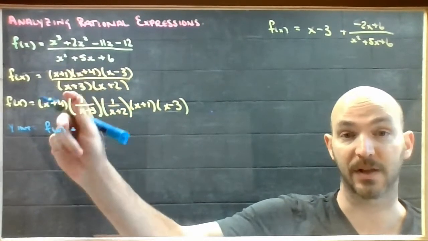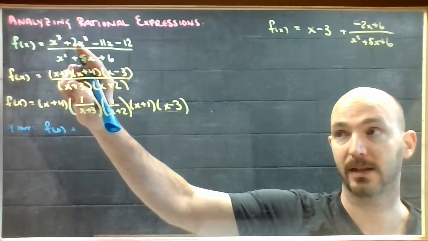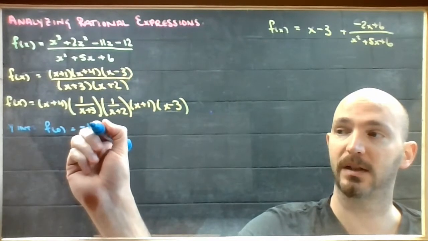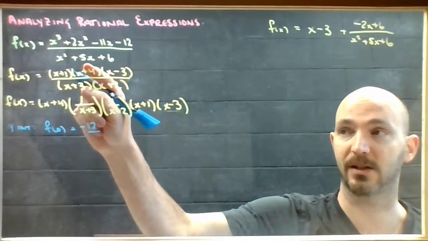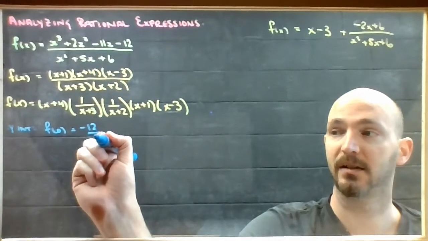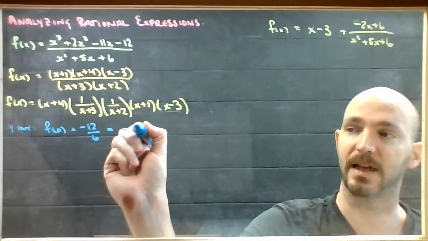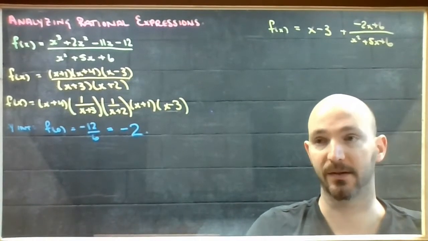And in this particular form, if I put a 0 here, that's gone, that's gone, that's gone, and I'm left with -12 only in the numerator. That's gone and that's gone. It leaves me with 6 in the denominator. And -12 divided by 6 is -2. So there's my y-intercept.